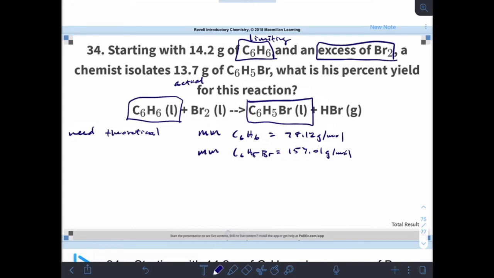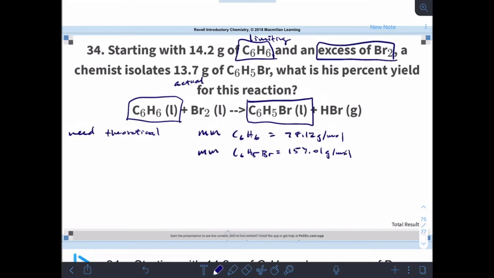Okay, so I'm going from C6H6 to C6H5Br. I'm going to go through grams to get to moles, use a mole ratio, and then back through grams to finally get grams of C6H5Br.